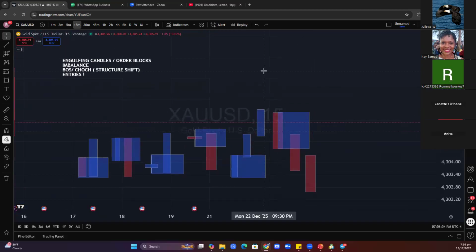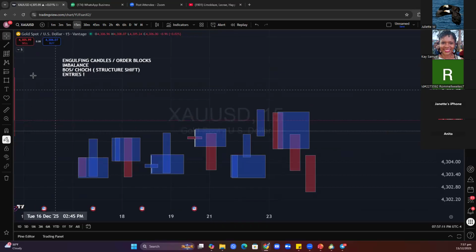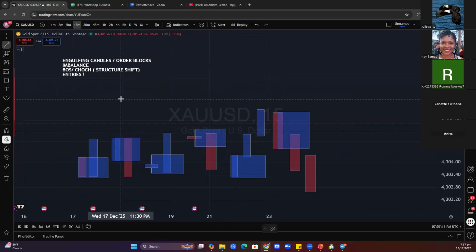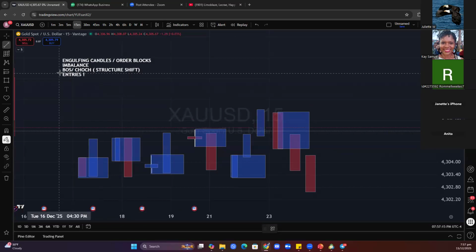So here's the important thing, with all of these engulfing candles, order blocks, etc. You've got to be on the right side of the market, which means you cannot forget or negate market structure.